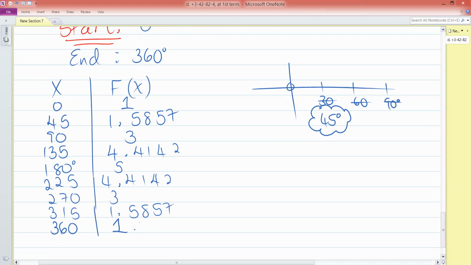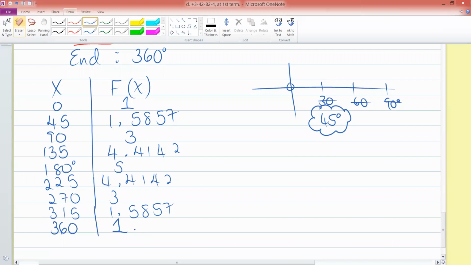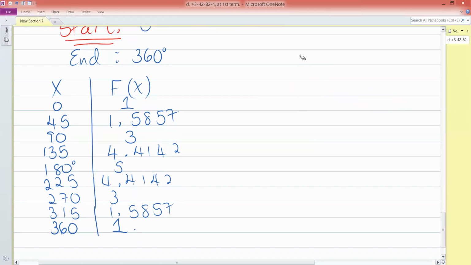Now these are the points we're going to plot on our graph. Like I said, they'll give you graph paper, then we're going to plot these points. First point they give us is 0 and 1. Remember the maximum value that we get here is 5, so let me just extend my graph a bit here.